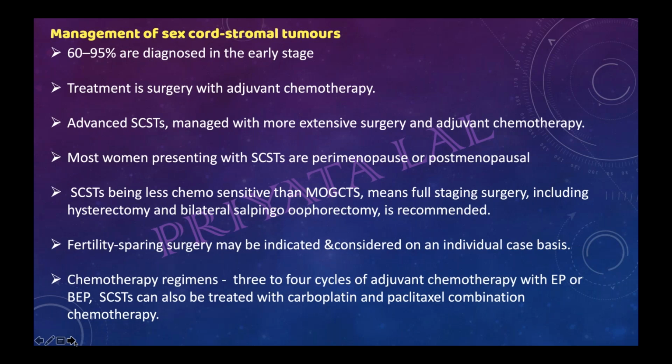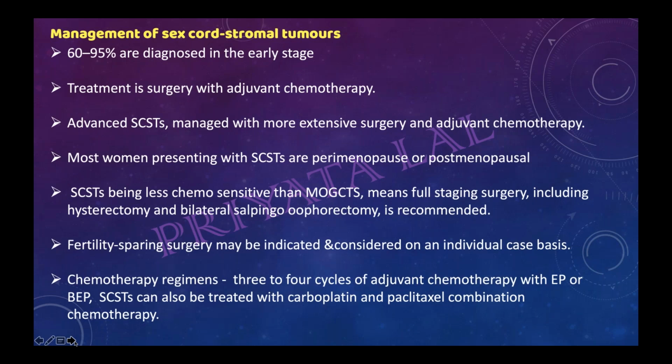These are usually less chemosensitive. So this is a difference from the germ cell tumor, that these are less chemosensitive. So the role of surgery is more. Therefore, complete staging is recommended here. But yes, for young patients, consideration for fertility sparing surgery can be done.